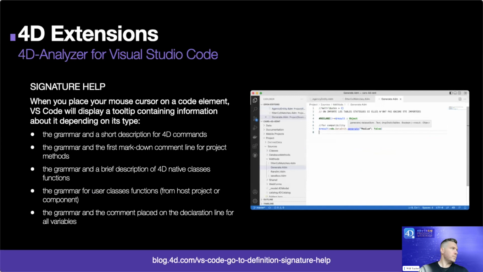And we also have the signature help. When you're typing your code, it provides either auto completion, or it provides the tip like the 4D method editor does as well.